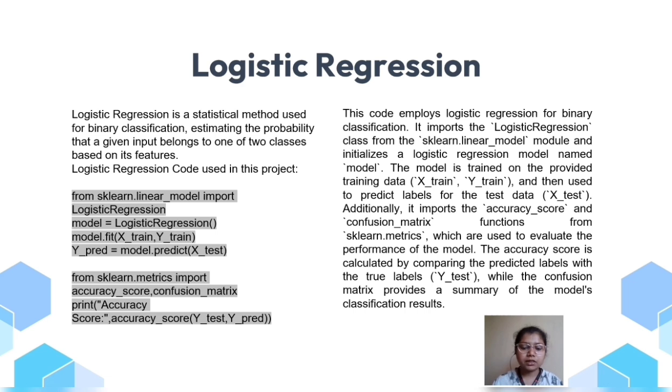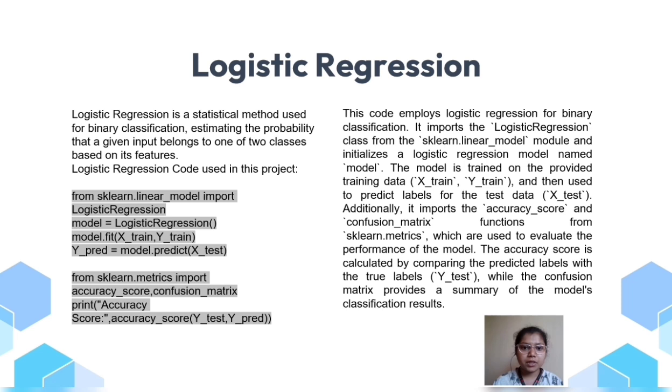Next, it predicts the label y_predict for the test data X_test using the trained logistic regression model. Next, it imports the accuracy_score and confusion_matrix functions from the sklearn.metrics module. Next, it calculates and prints the accuracy score of the prediction by comparing it with the true labels y_test using the accuracy_score function.